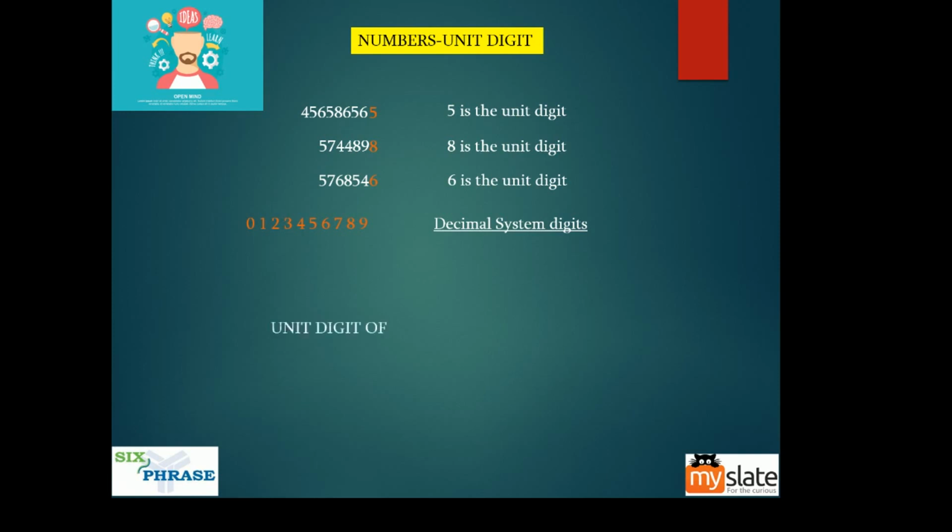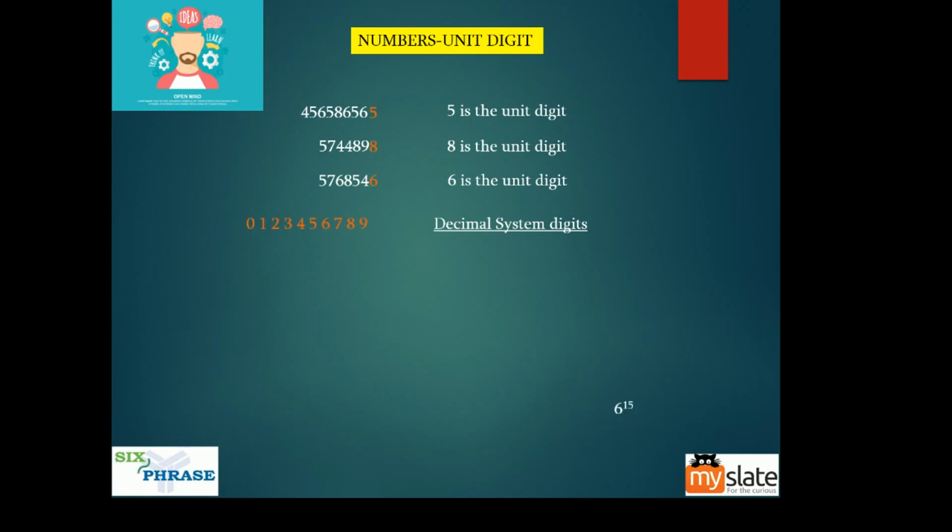For example, they'll ask you what is the unit digit of 8 power 97, or 3 power 49, 7 power 29, 2 power 42, 9 power 87, 4 power 102, 6 power 15.